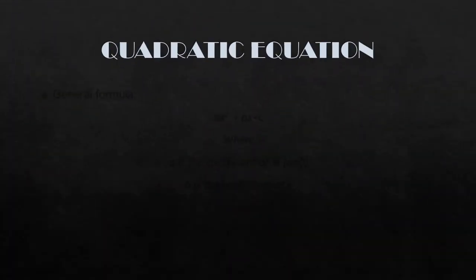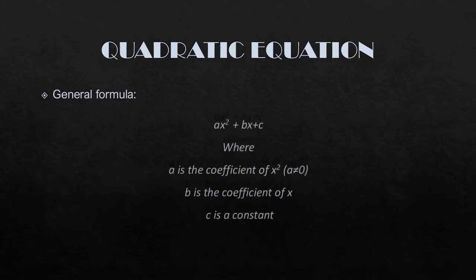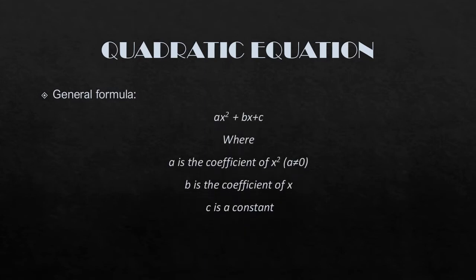Quadratic equation. The general formula for a quadratic equation is shown as ax squared plus bx plus c, where a is the coefficient of x squared, b is the coefficient of x, and c is a constant. Now note here that a should not be equal to 0. Why is that so?